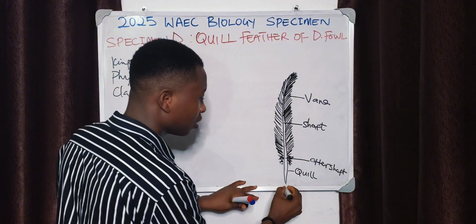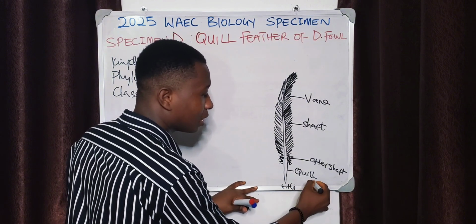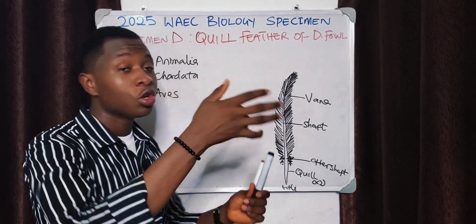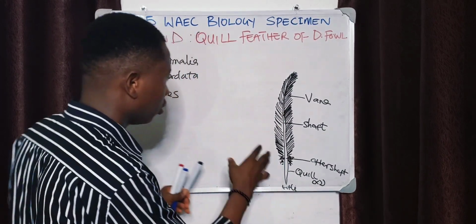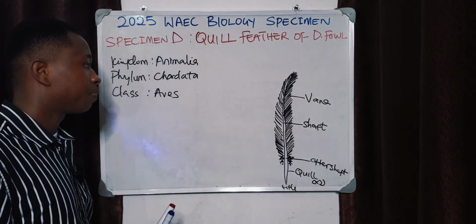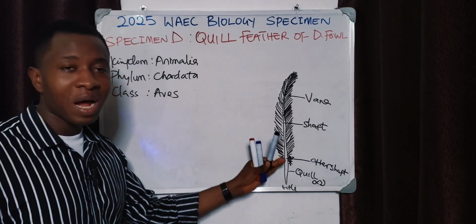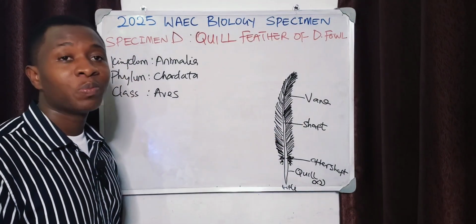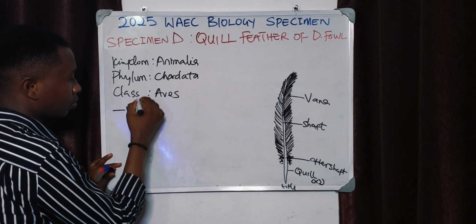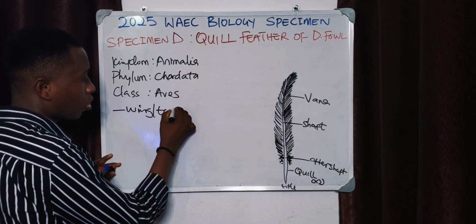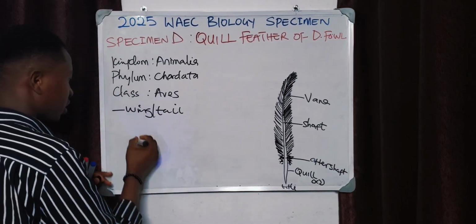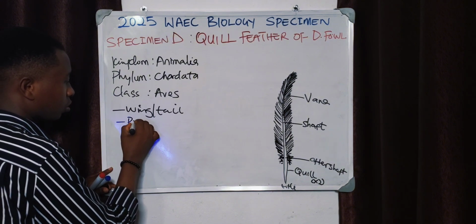Then don't forget to write your title and your magnification, times 2 or times 1, depending on what you have measured. So that is that. Other questions that can come out from this particular specimen, they can ask what's the function or what parts of the organism can you find this specimen. So this specimen is found at the wing region or the tail of the domestic fowl.